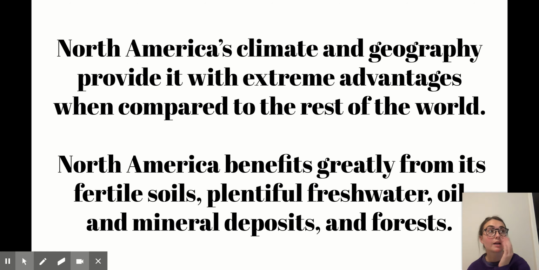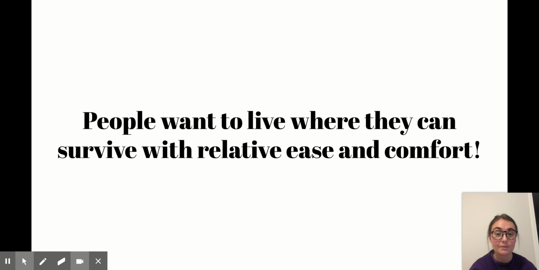North America has almost every climate type within its land mass, and so it benefits greatly from its fertile soils, plentiful fresh water, oil and mineral deposits, and forests.